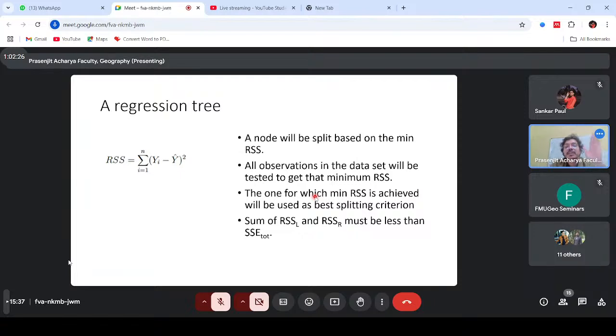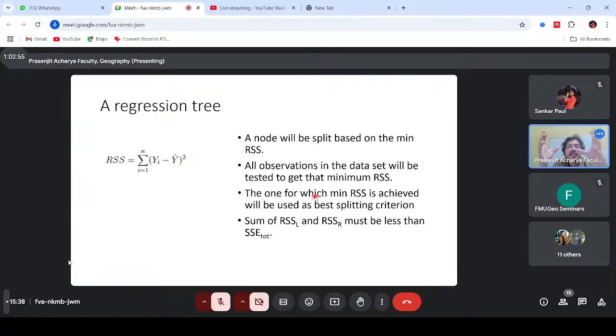And the sum of the right node and the left node should be less than the sum square error at the total. So before splitting, we have the mean of y, and if you compute the deviations, square and sum them, it is called the total sum square error.